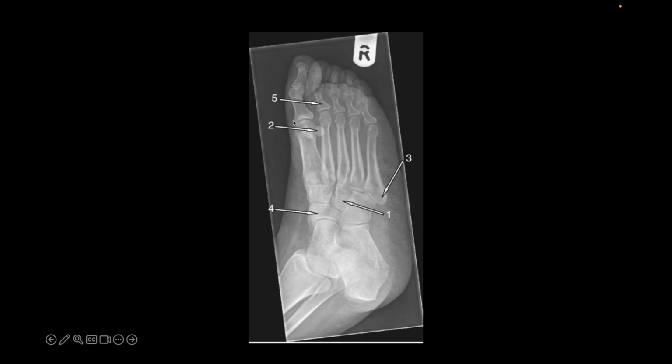You then have some sesamoid bones in your big toe. The sesamoids run in the flexor hallucis brevis tendon. You've got a medial and lateral sesamoid, and the medial head and lateral head of flexor hallucis brevis pass through their respective sesamoid bones. And then 5 would be the proximal phalanx of the right second toe.